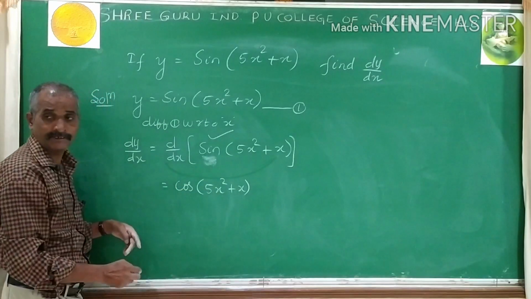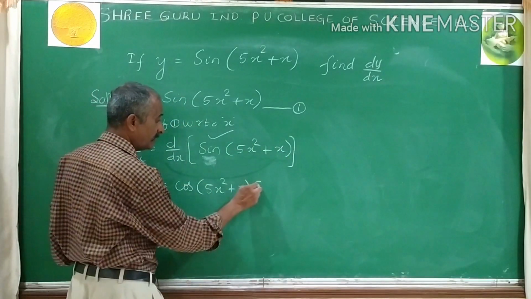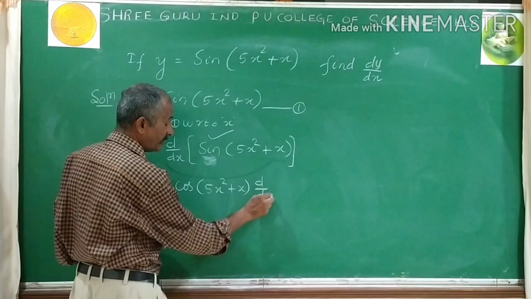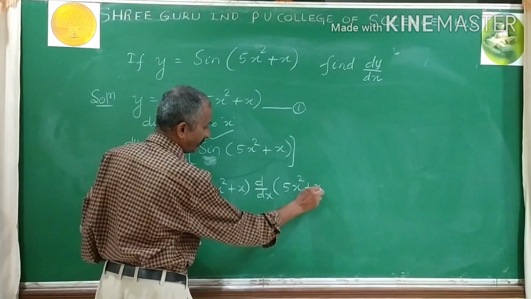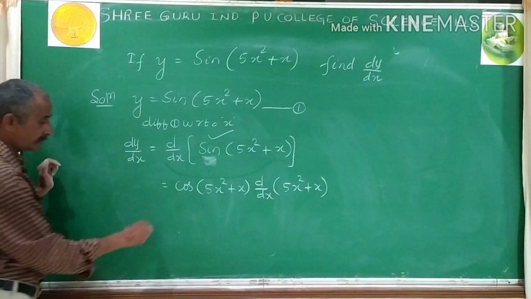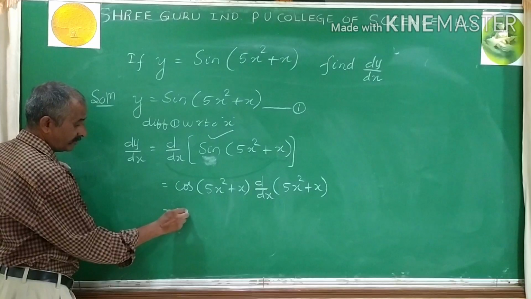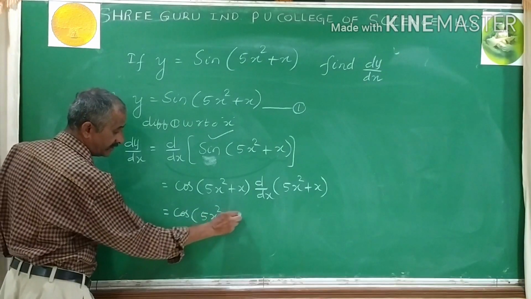You must also write the differentiation of 5x square plus x, into differentiation of 5x square plus x. That is equals to cos of 5x square plus x, which remains unchanged.